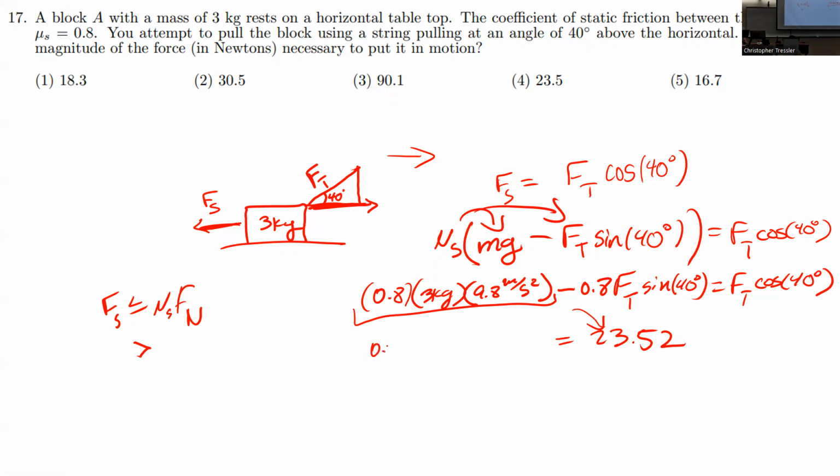And we're basically going to get 0.8 FT sine of 40 degrees plus FT cosine of 40 degrees. Notice we can factor out FT and we get 0.8 sine of 40 degrees plus cosine of 40 degrees.